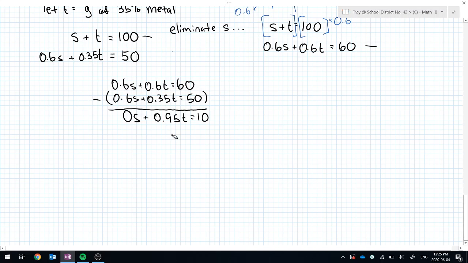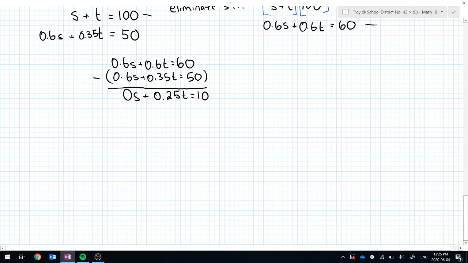I just said I'm subtracting. Jeez. So I get 0.25t. Alright, so if I clean that up, I get 0.25t equals 10. And that means I have to divide both sides by 0.25 to cancel them out.